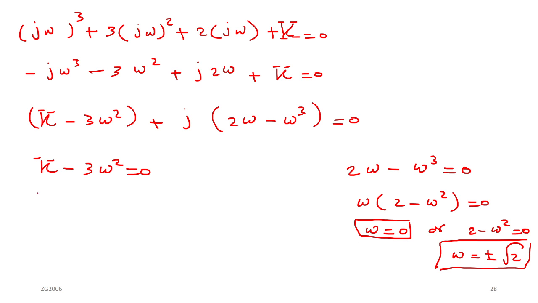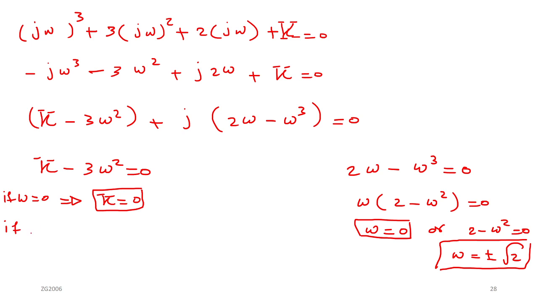Right? So when omega equal to 0, from this equation, K must be equal to 0, we know this already, which is at this pole. Just for your information.